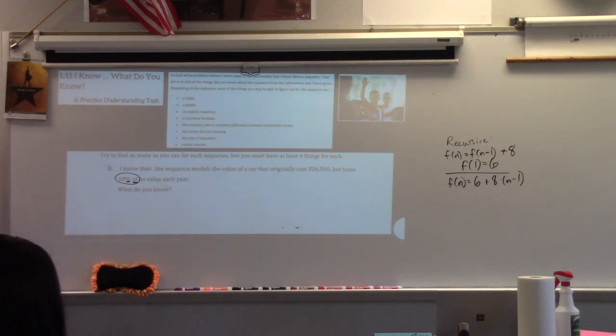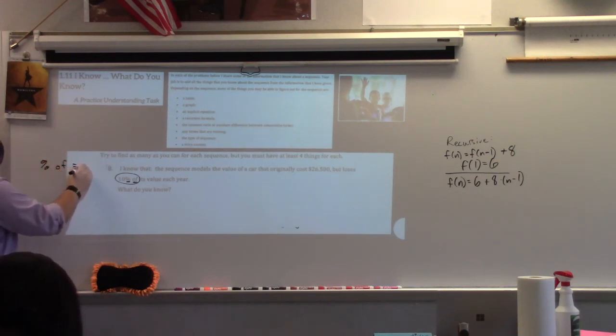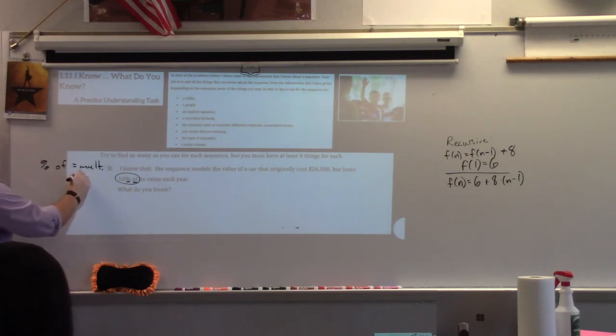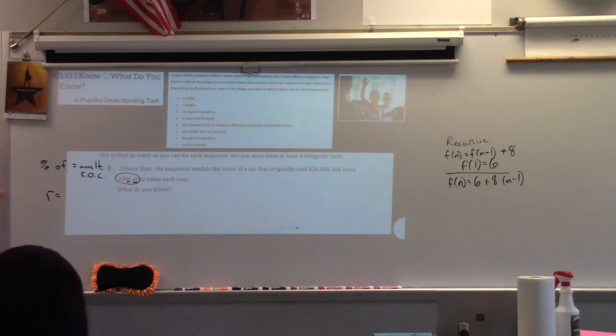When it's a percent of, what does a percent of always do? It multiplies. We need to recognize that. However, it's losing 10%. Does anyone know what the common ratio would be in this case? As soon as I read this problem, I know my common ratio. 0.10? 0.9.